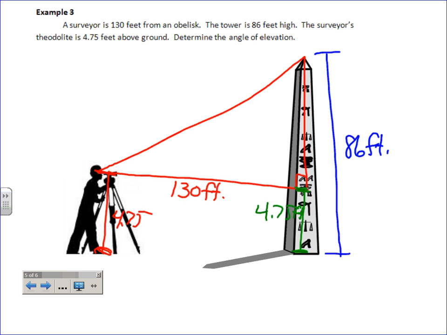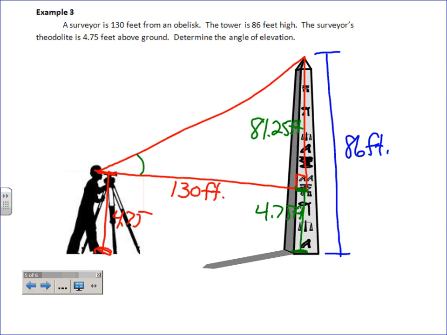Well, it's not 86, it's not 4.75, it's 81.25. Good, you have to subtract the two. So 81.25 is basically the right side of the triangle. And now, if you don't know what the angle of elevation is, you're kind of stuck. But again, it's the difference from him looking straight ahead and then looking up. And so I would say angle of elevation is figuring out that one.